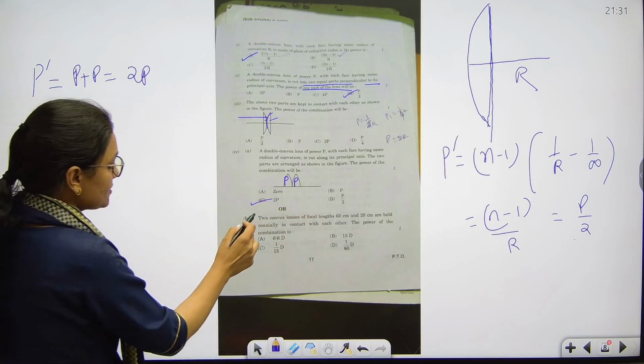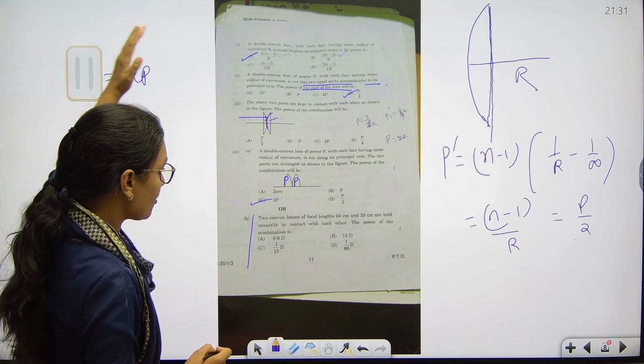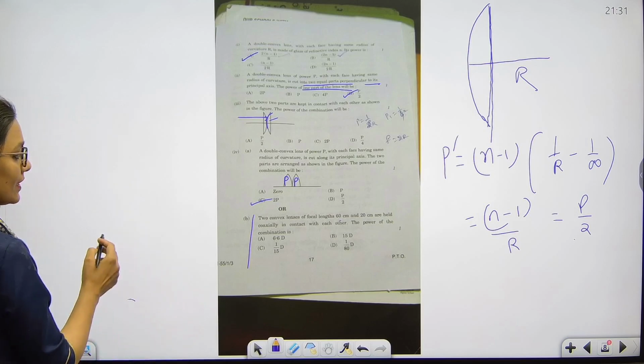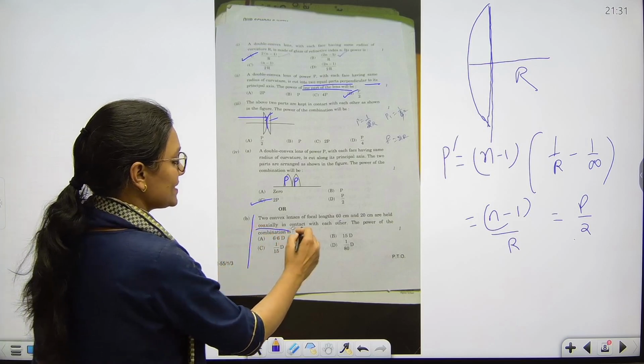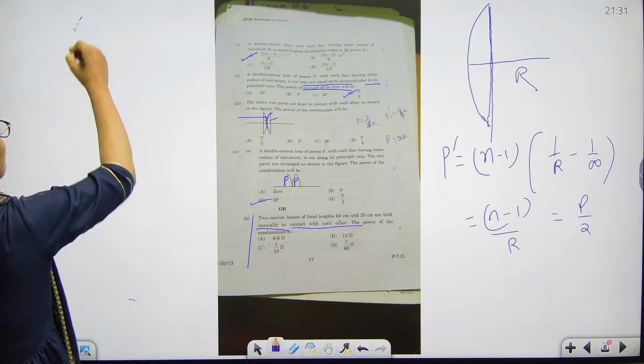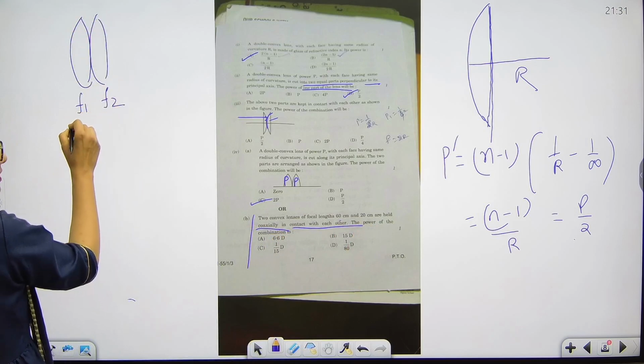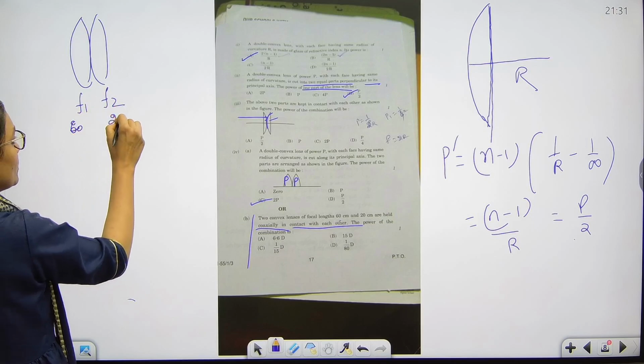Now let us do the last part, which says that two convex lenses of focal lengths 60 and 20 centimeters are held coaxially in contact with each other. So two lenses having focal lengths f1 and f2. This one is 60, this one is 20.